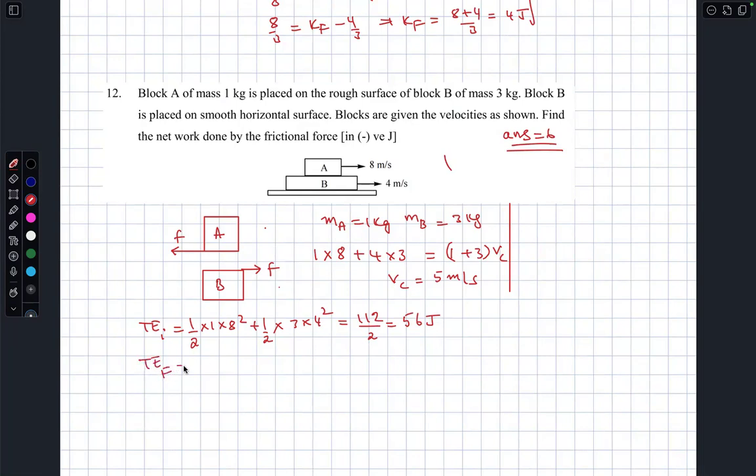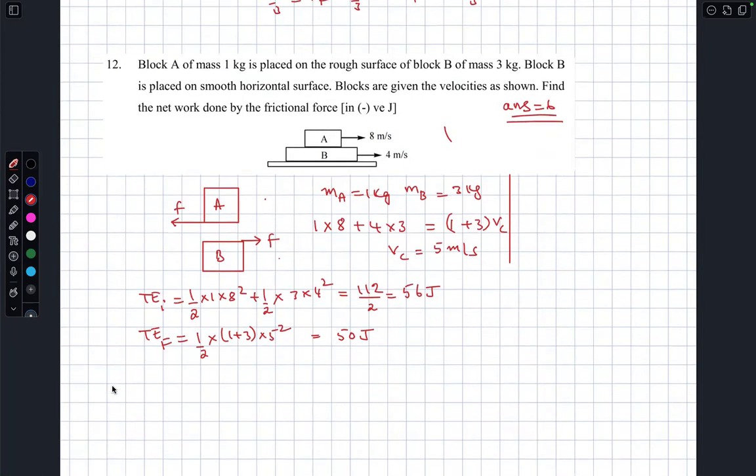Total energy final is half into 1 plus 3, together 4, into 5 square. This is 50 joules.